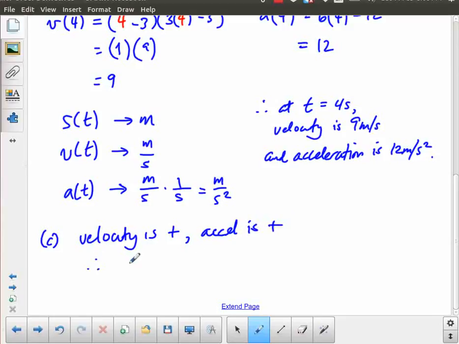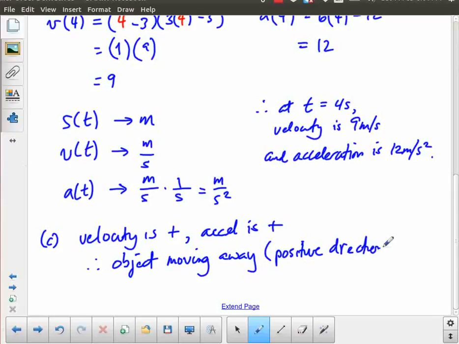So therefore, the object is moving away, as in when I say away, I mean in the positive direction, at an increasing rate.